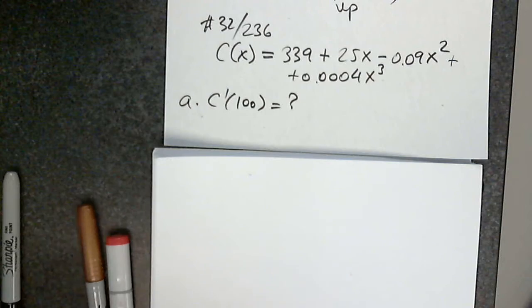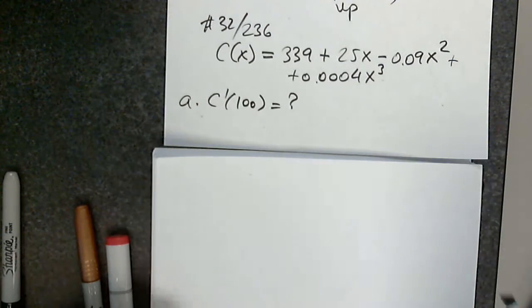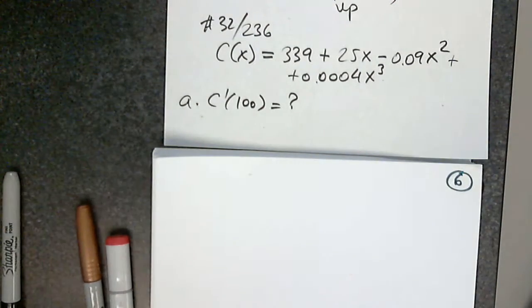How do I determine C prime of 100? What do I have to find first? Exactly, C prime of X. Okay, can anyone give us C prime of X?